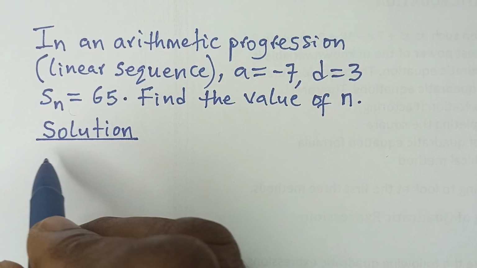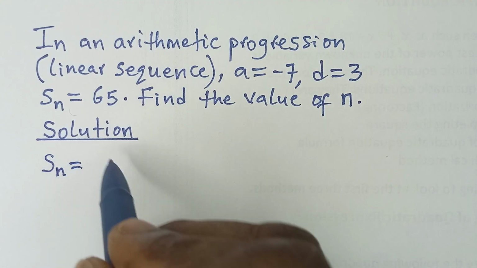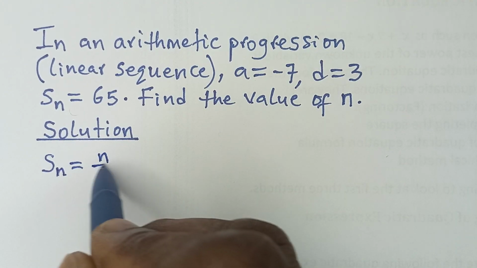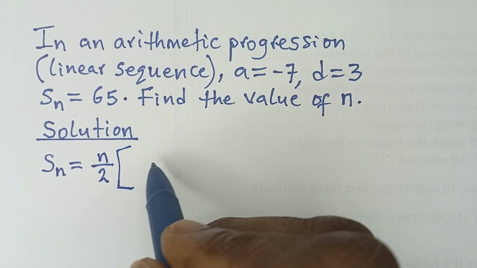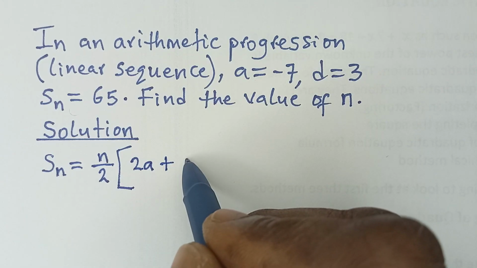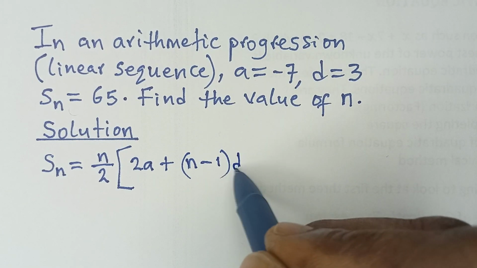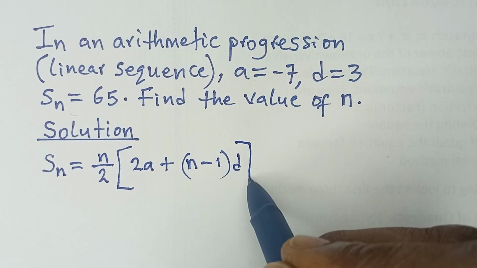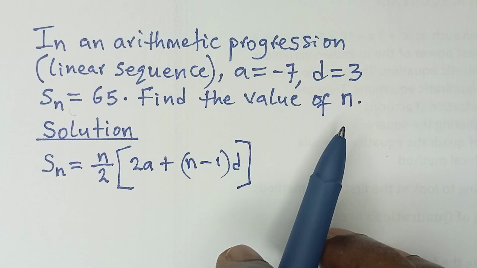So the formula is S subscript n is equal to n over 2, all brackets open, 2a plus n minus 1, bracket close d, and then we have the overall bracket close. So this is the formula that we'll be using to obtain the value of n as asked in the question.